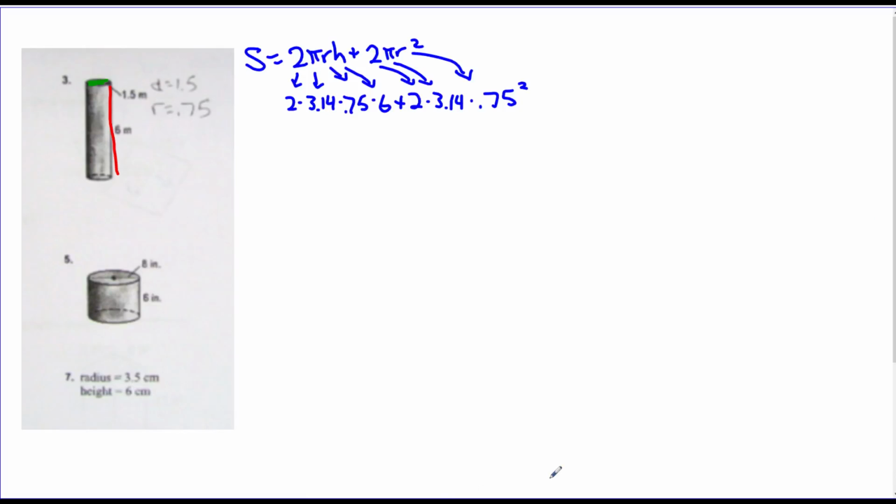So let's do the first part here. Let's clear this off. If we take 2 times 3.14, and I'm actually going to put this separately. I know we talked about it in class, I'm going to say it again. This will always be 6.28. So anytime you see 2 times 3.14, instead of having to type it out, you can always just put 6.28.